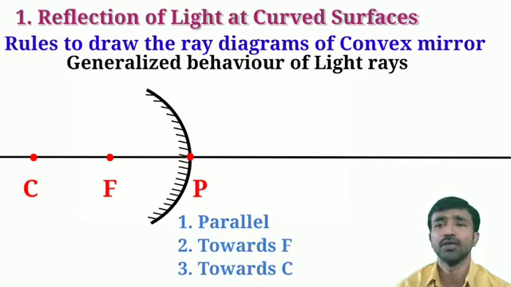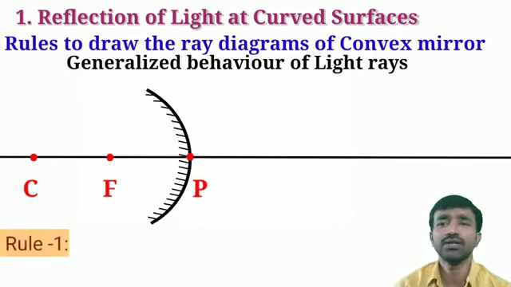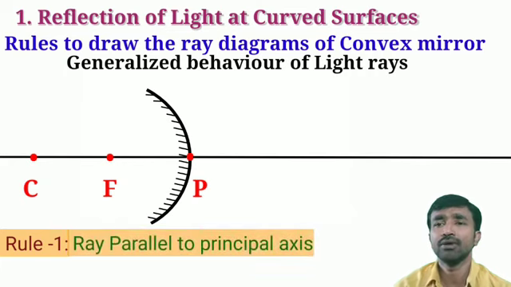Here it won't actually meet, it only appears to meet. The third one is directed towards the center of curvature, or seems to meet the center of curvature. These are the three rules we are going to learn. The first one is the parallel ray, and here I can use only one ray.